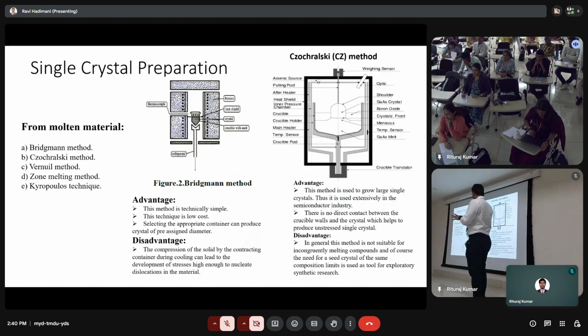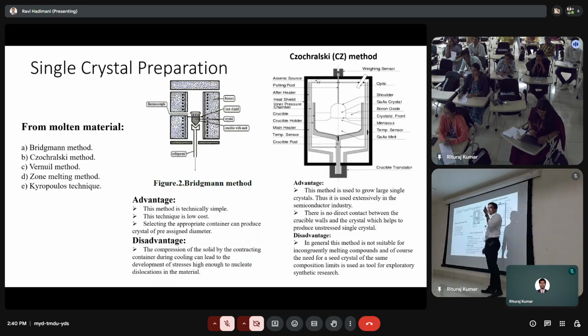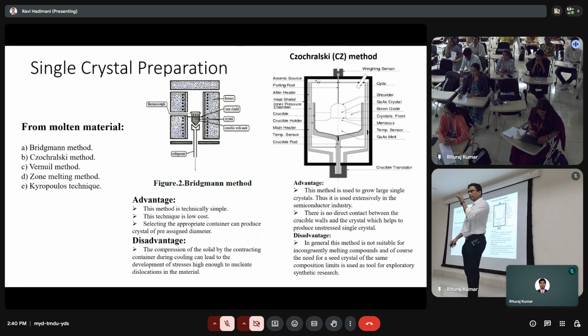If you look at all these techniques, what they do is there is a well-controlled temperature zone, and then you need a seed to initiate the crystal growth. However you orient that seed, the crystal will start growing in that direction. In order to accelerate the growth, some processes will start pulling the crystal out of the molten bath.